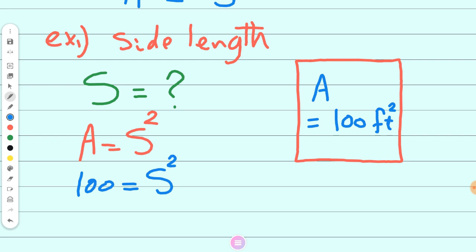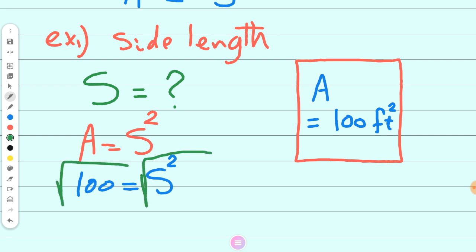If I need only S, what should I do to both sides? This is an equation, so whatever I do on the right-hand side I have to do on the left-hand side. I will take the square root of both sides to get S only.